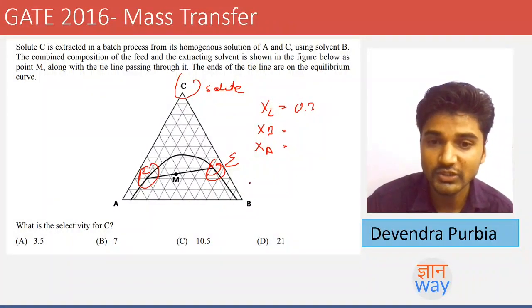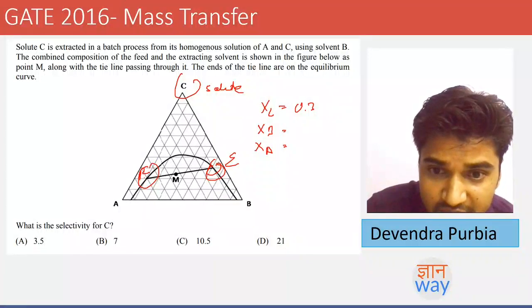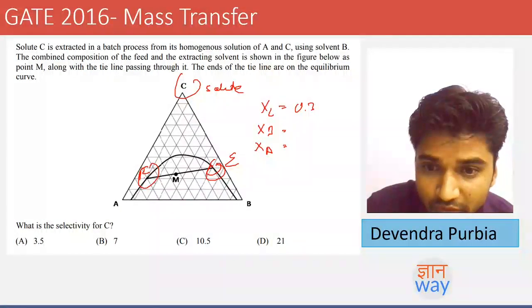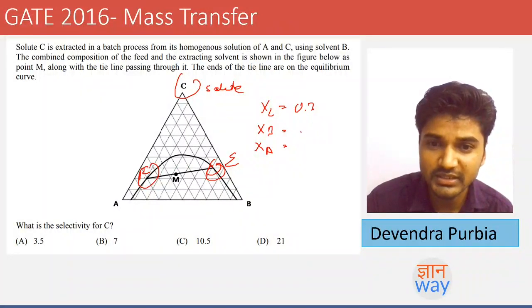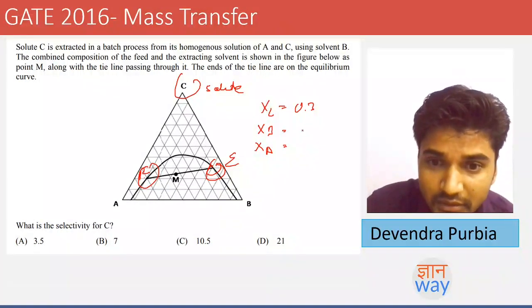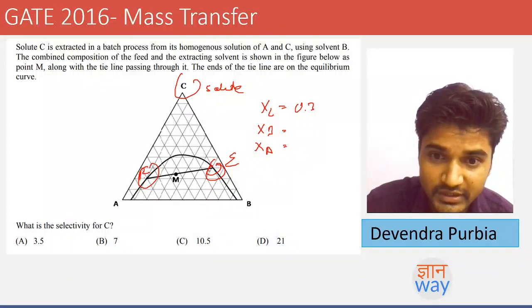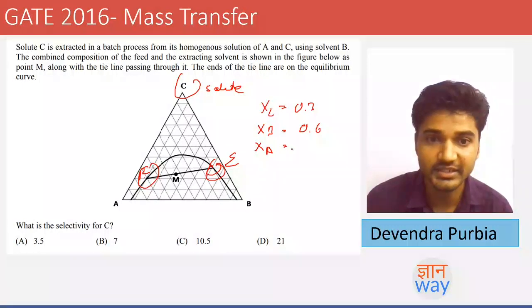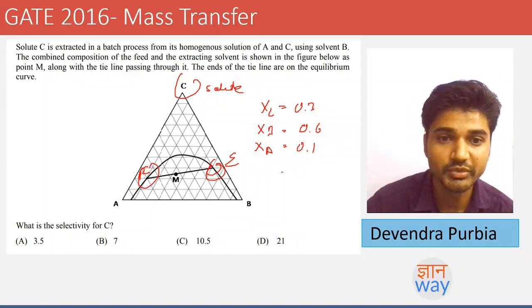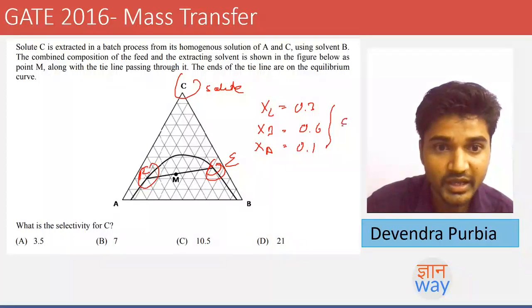XB, this point B, is approximately 0.6. And clearly XA we can see is 0.1. The total should be 1, so 0.3 plus 0.6 plus 0.1. So this is the composition in the extract phase.